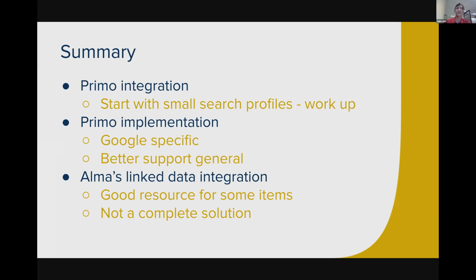I think we made a mistake by trying to include all of our institutional data as a first step, without verifying that we understood all the steps as we went. I've also identified that the Primo implementation is specific to Google or to areas that can dynamically generate data. It would be much better for general support if that first call back from Primo included the metadata directly within those tags.